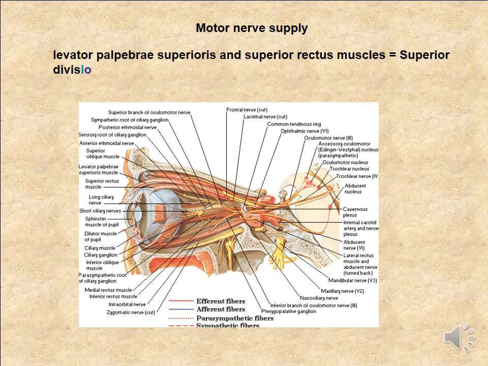For the innervation of these extraocular muscles, we have the motor nerve supply. The levator palpebrae superioris and superior rectus muscle are supplied by the superior division of the third cranial nerve. This is the nerve that supplies the majority of the extraocular muscles.